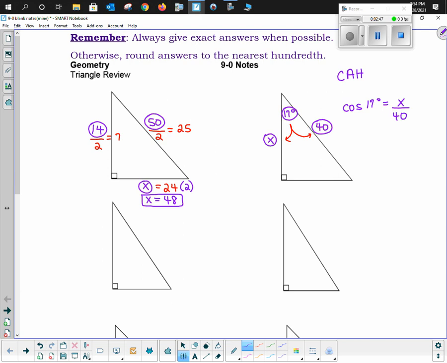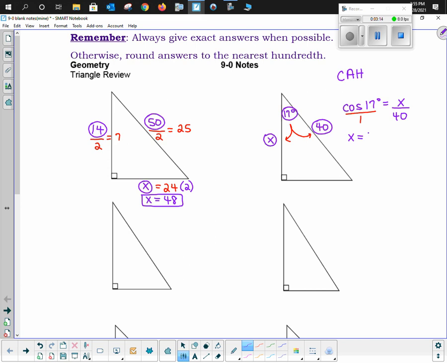Remember, if you're solving for sides, what do we do? We make everything a fraction. Just going to make that look a little bit better. Make everything a fraction, cross multiply and solve. So by that I mean, I'm going to put that over 1. Cross multiply and solve. Remember, you've got to show me the exact answer first.